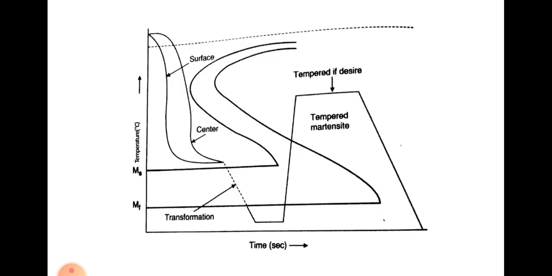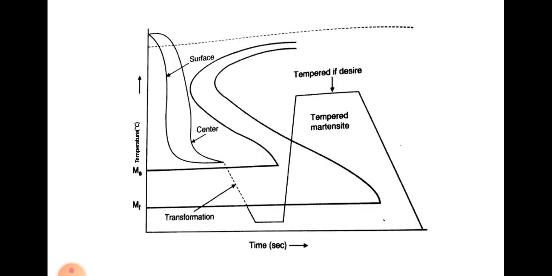So mainly hardening is classified into two types: martempering and ausforming. First we will look at martempering. As we know, in hardening we increase the hardness of metal or steel. That is possible when the martensite phase is obtained.